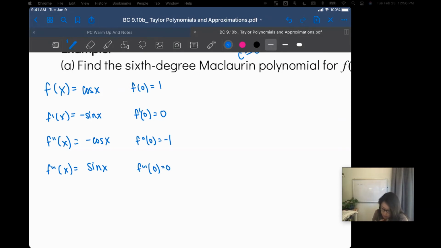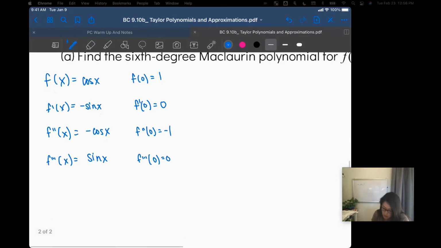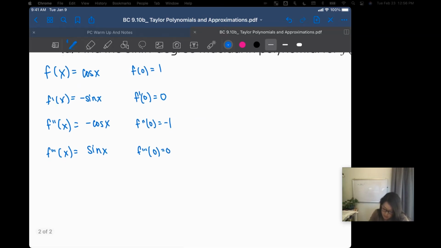So when I set this up, this is degree 0, degree 1, degree 2, degree 3. So all of the odd degrees are going to cancel out.